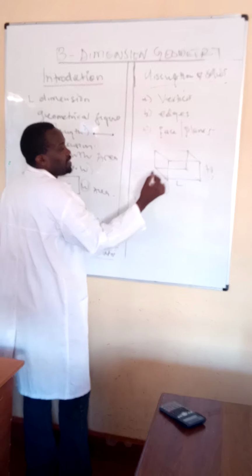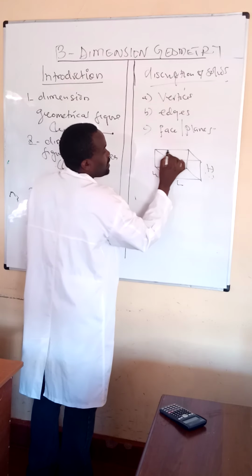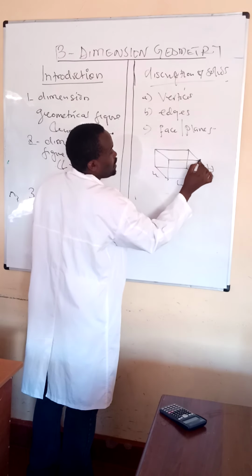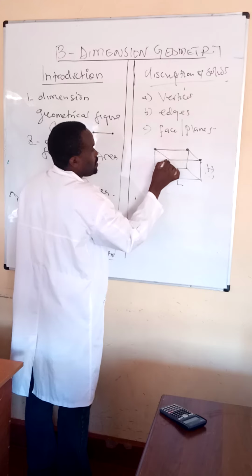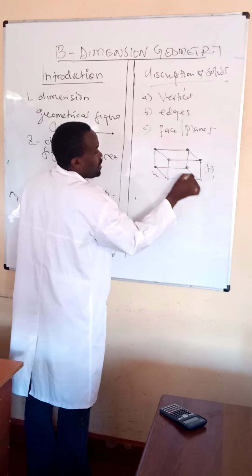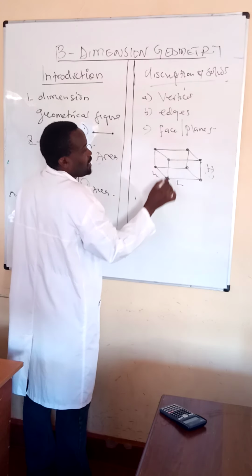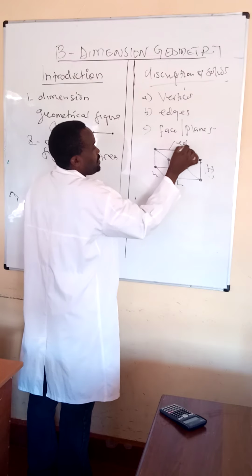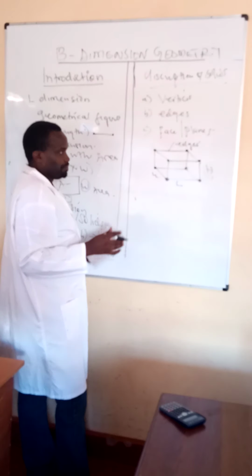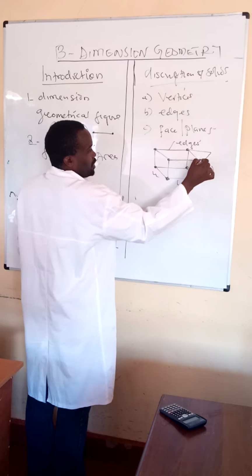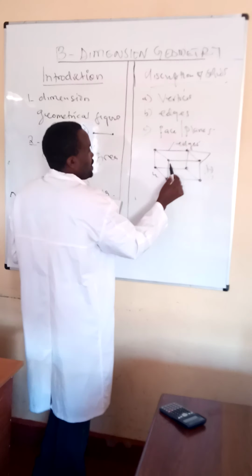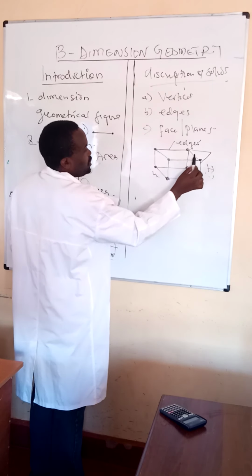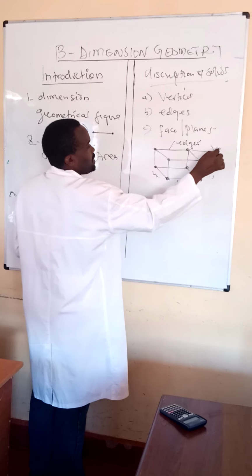The lines joining these points are called the edges. Then these joining points where the edges meet are called the vertices.